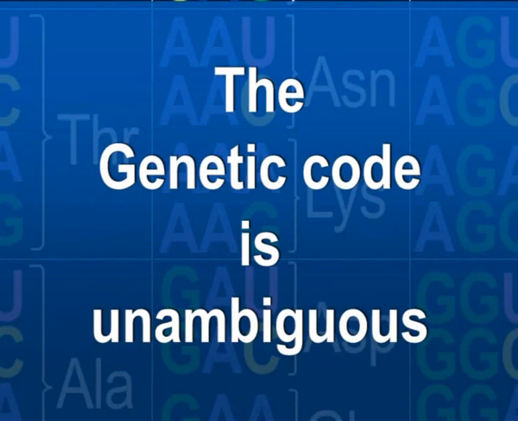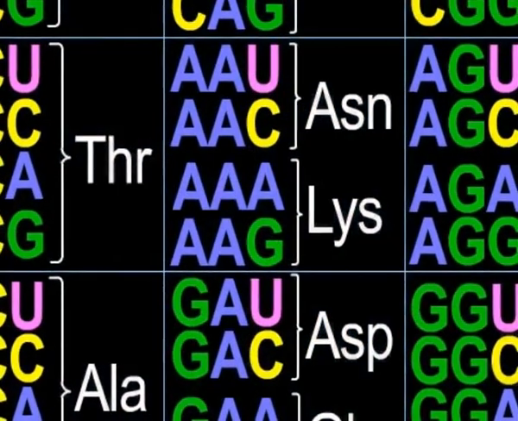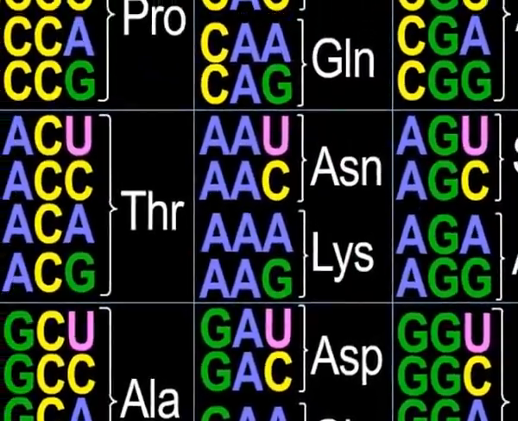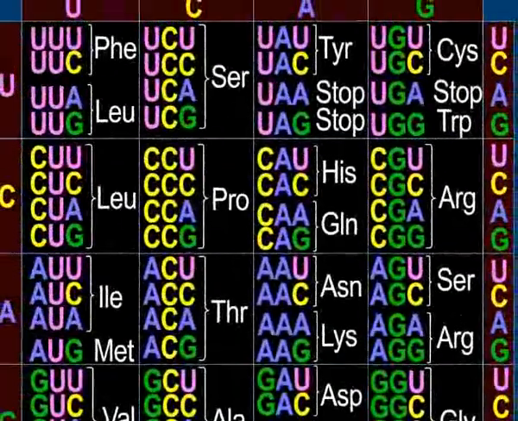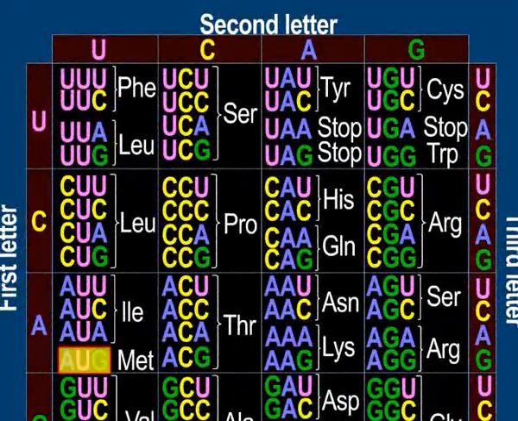The genetic code is unambiguous. In general, no codon encodes more than one amino acid. The exceptions so far are AUG, UGA and UAG.